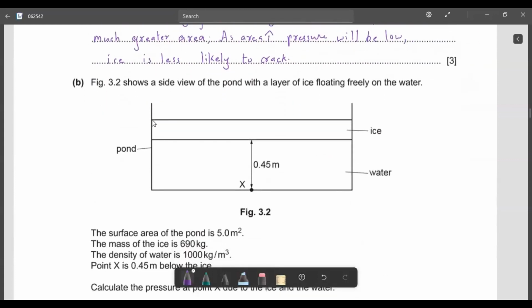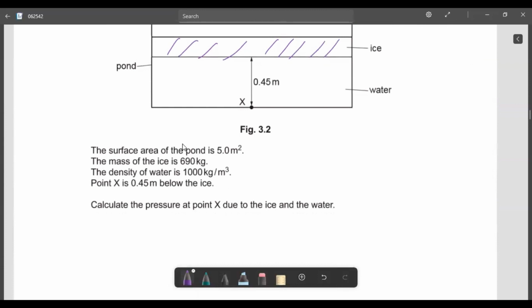Next, figure 3.2 shows a side view of a pond with a layer of ice floating freely on the water. The surface area of the pond is 5 meters squared. Mass of the ice is 690 kg. Density of the water is 1000 kg per meter cubed.